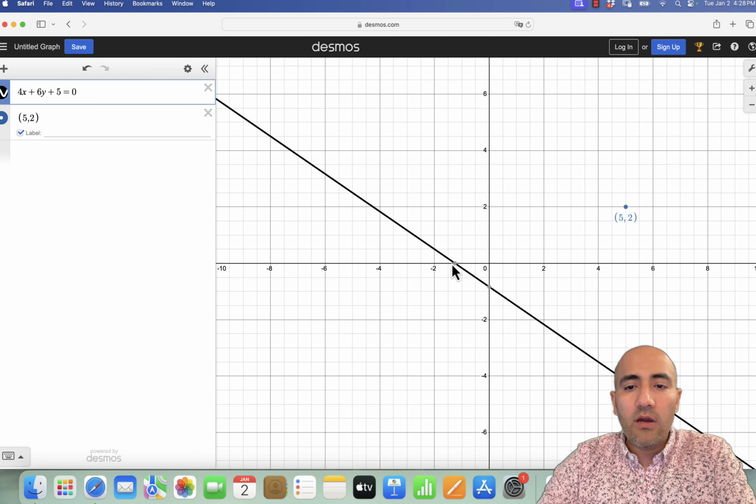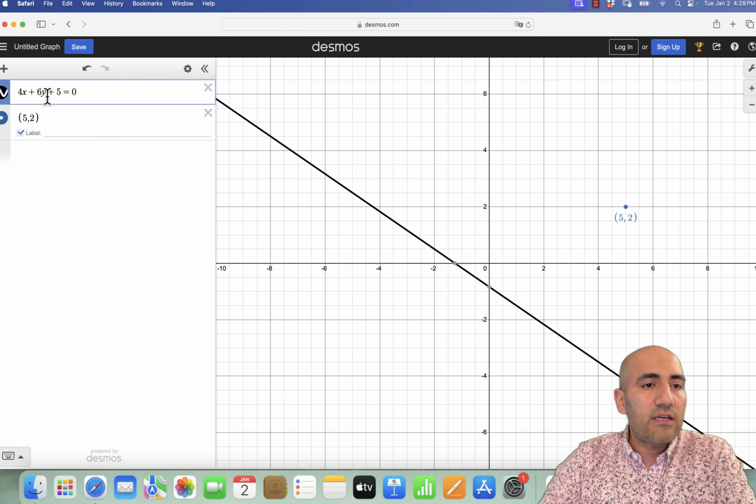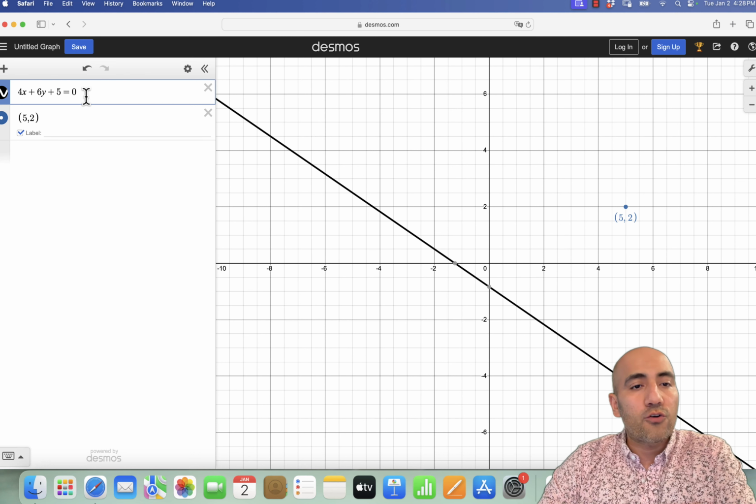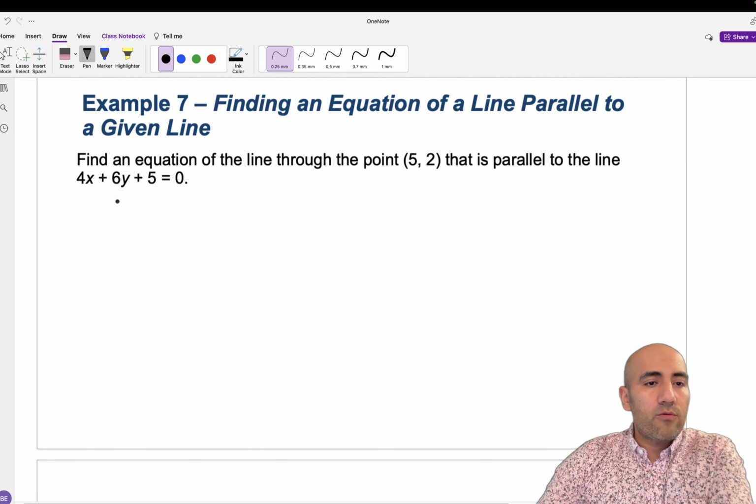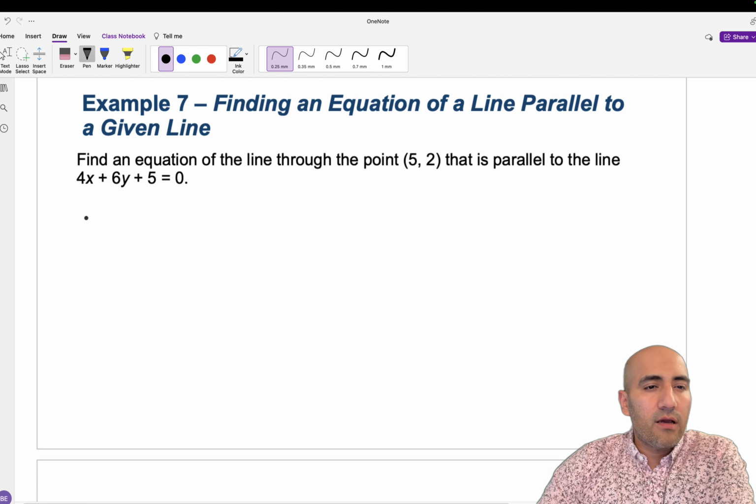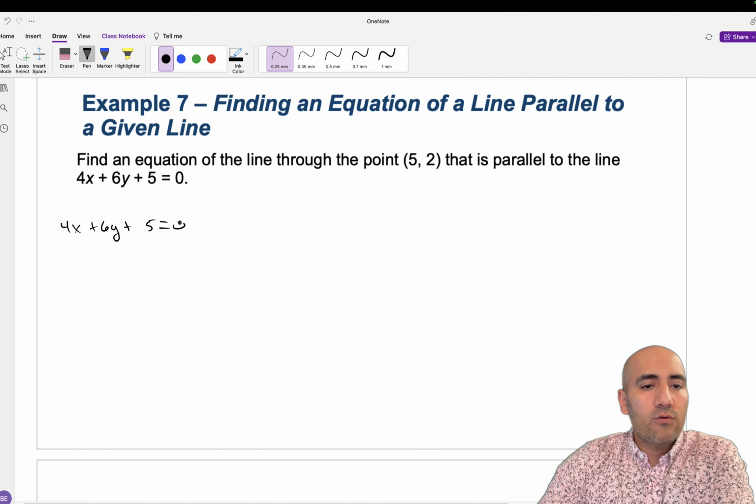So step number 1 is to figure out the slope of this black line. To do that, all we have to do is manipulate this equation, come up with the slope-intercept form of a linear equation, and then we can interpret the slope right from our equation. So let's do that. I have 4x plus 6y plus 5 equals 0.